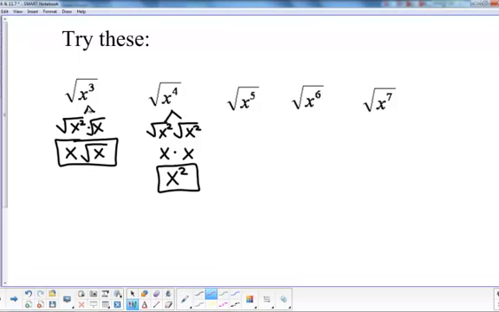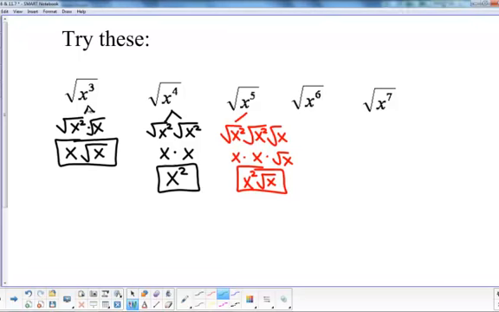The square root of x to the fifth, so an x squared comes out of a square root perfectly. So this would be x times the square root of x. So the square root of x to the fifth simplifies to x squared root x. The square root of x to the sixth, since it's an even exponent, there's going to be nothing left under the square root.